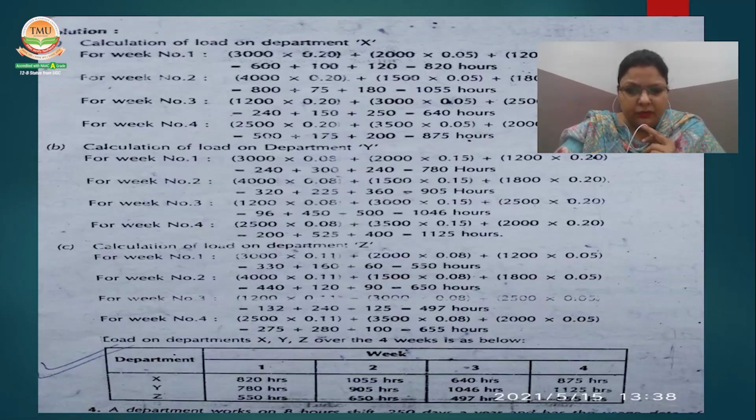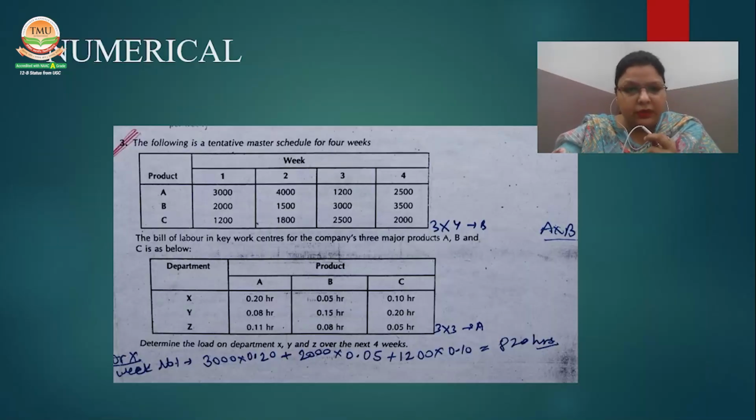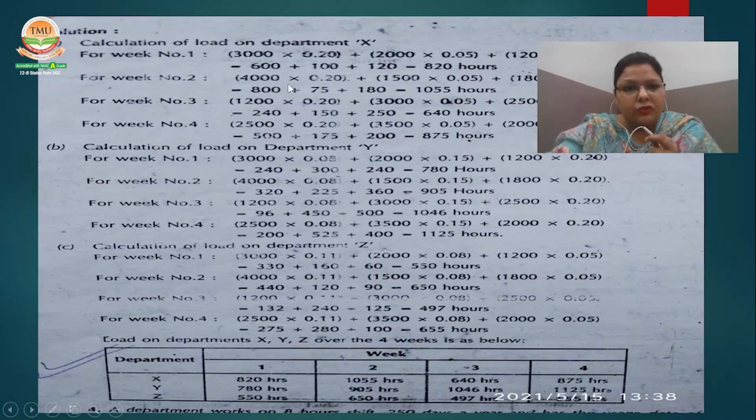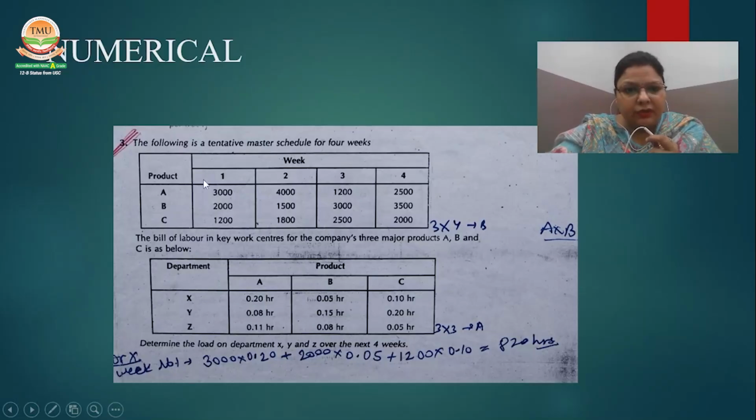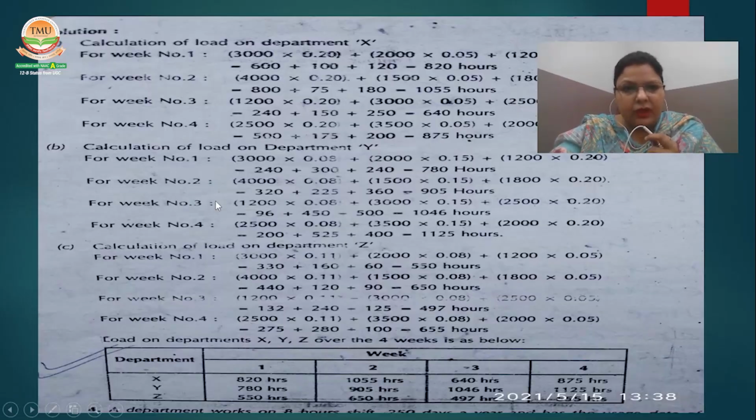Let's calculate these values. Calculation of load on department X for week 1. First of all, we will calculate for X department. Here 3000 is the overall units, and it will multiply with 0.20.